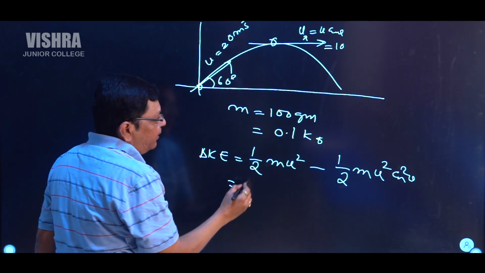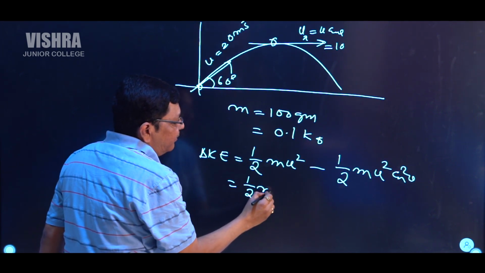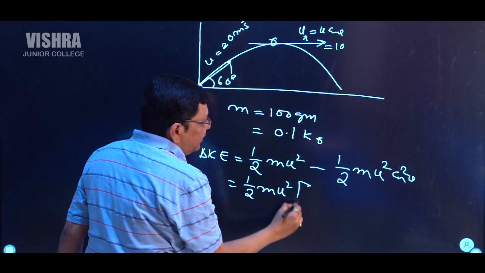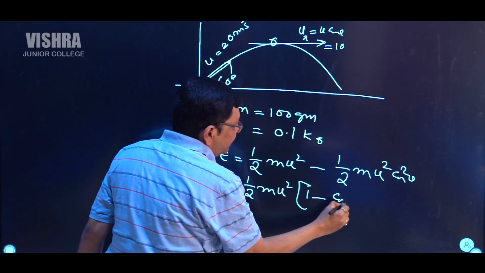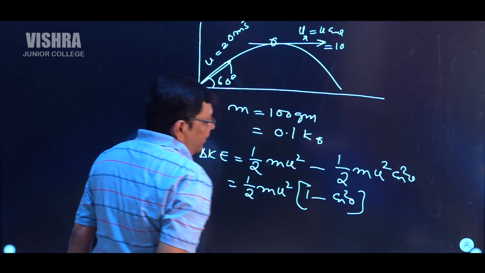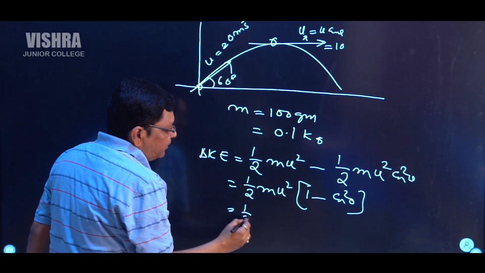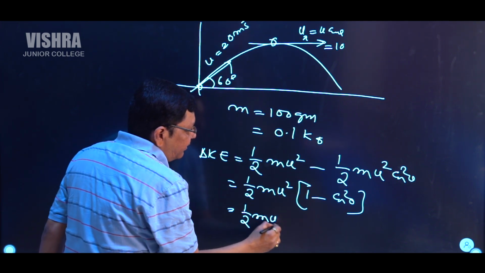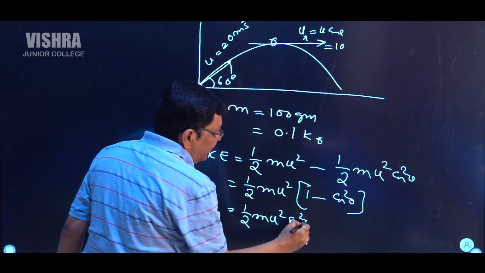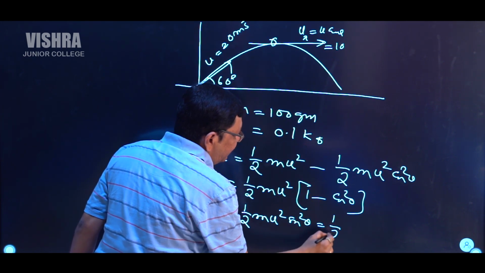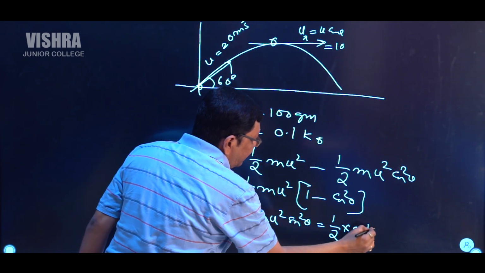Taking half m u square common, we get 1 minus cosine square theta, which is sine square theta. So this becomes half m u square sine square theta.